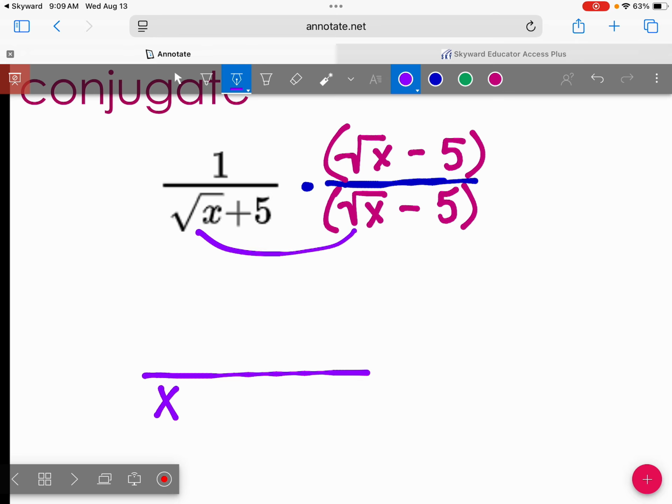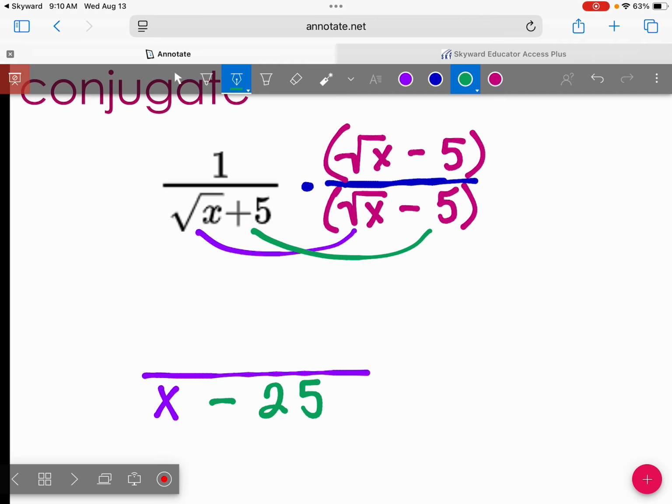It's going to give us our x. We're going to have our 5 square root of x and our minus 5 square root of x. Those guys are going to cancel out. And we're left with our 5 times minus 5, giving us minus 25.